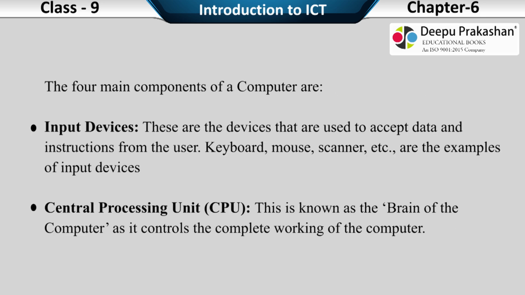The 4 main components of a computer are input devices. These are the devices that are used to accept data and instructions from the user. Keyboard, mouse, scanner, etc. are the examples of input devices. Central Processing Unit, CPU. This is known as the brain of the computer, as it controls the complete working of the computer. Memory.